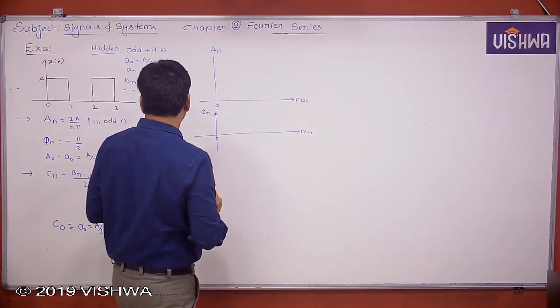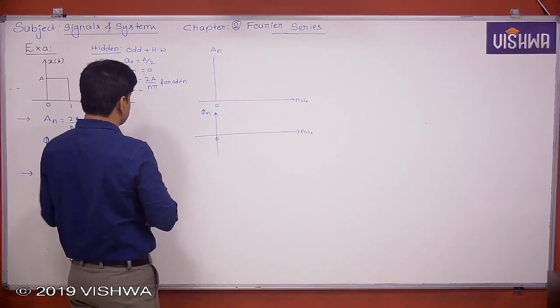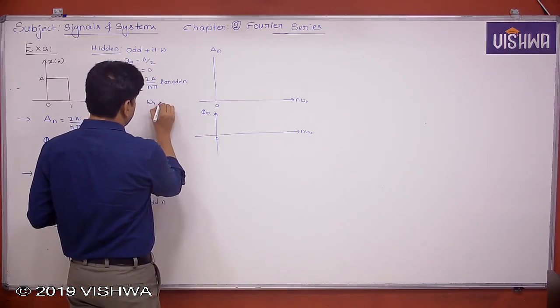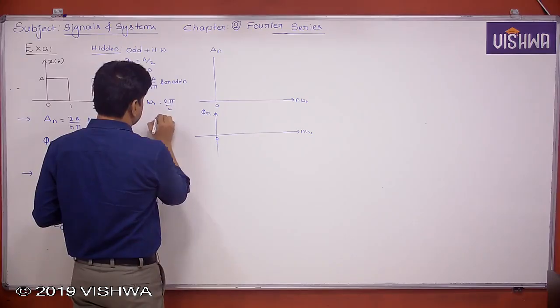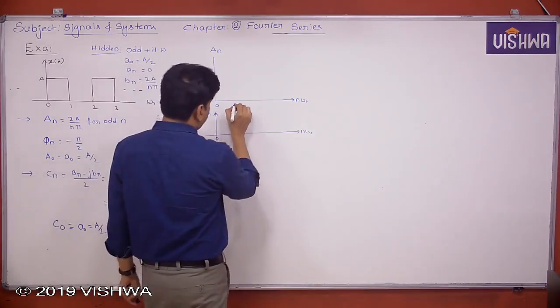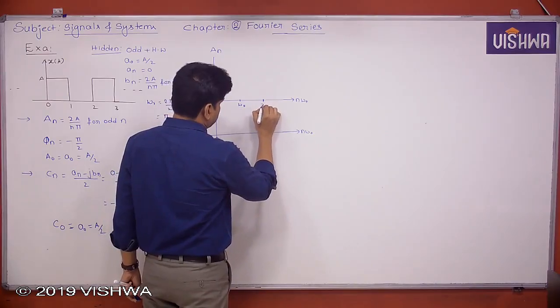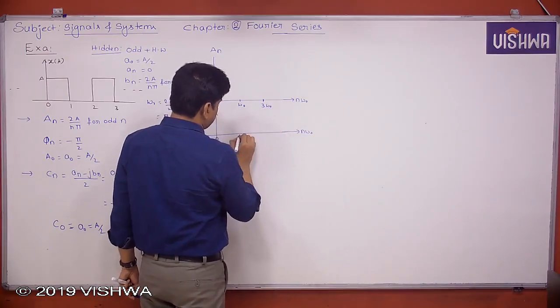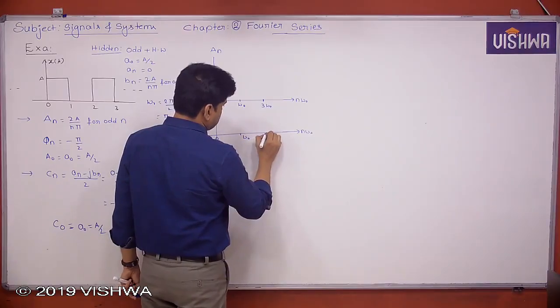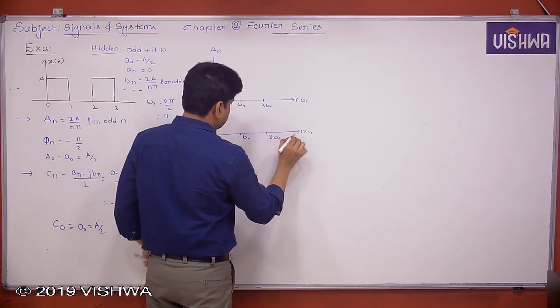Here omega naught value is equal to 2 pi by 2, that is pi. So at omega naught, at 3 omega naught, and so on.